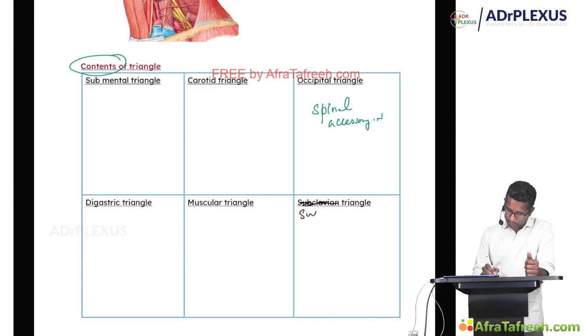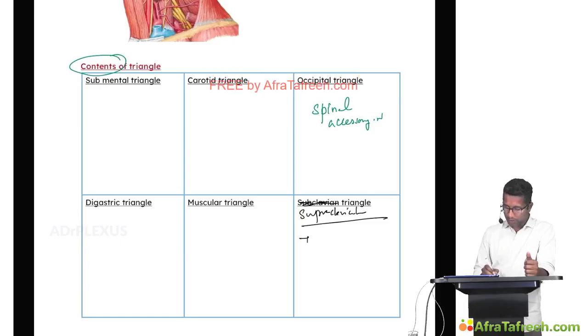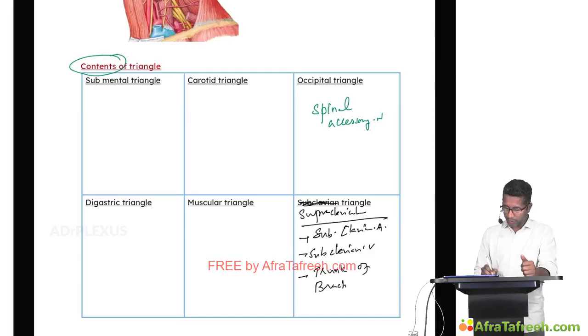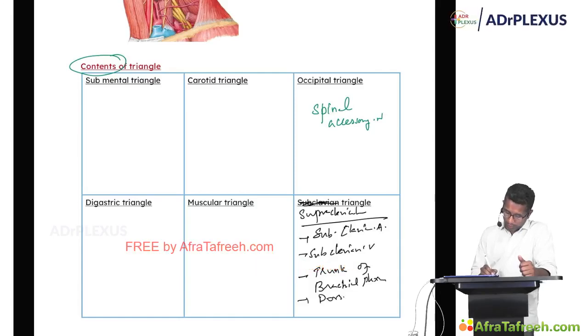This is called the supraclavicular triangle, and it contains the subclavian artery, the subclavian vein, the trunks of the brachial plexus, the dorsal scapular nerve, and the nerve to serratus anterior.